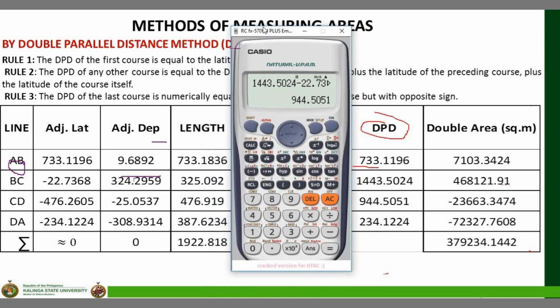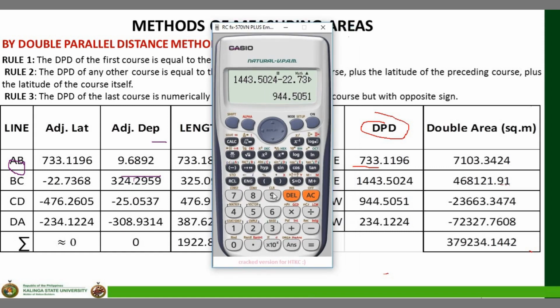Now, to double check if this is correct, if I take 944.5051 minus 476.2605 minus 234.1224, that is equal to 234.1224. Dapat pareho yung Rule 3 kapag in-apply mo yung Rule 2.